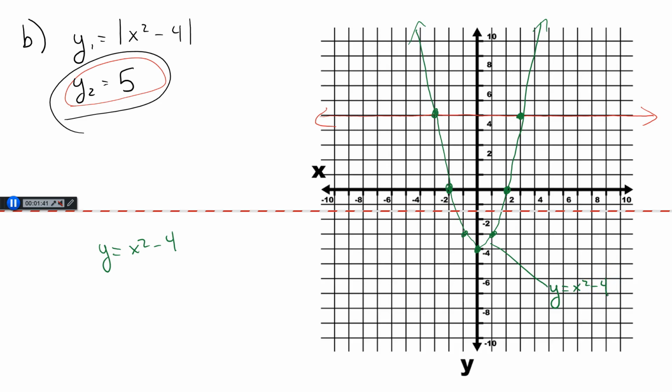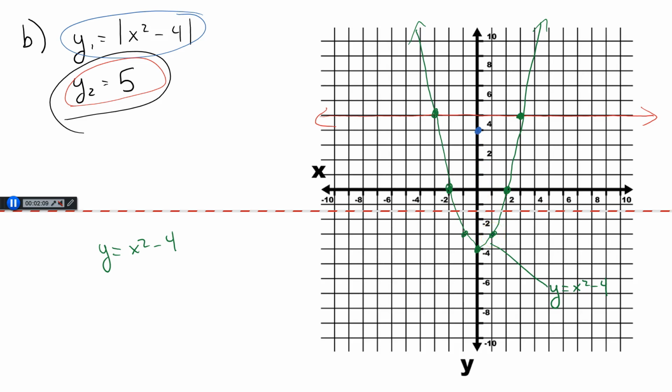What about the absolute value of x squared minus 4? Well, we know that we take all of the points that are below the x-axis and we create them above the x-axis by finding the absolute values of all the y values. So this one becomes positive 4, 0, positive 4.